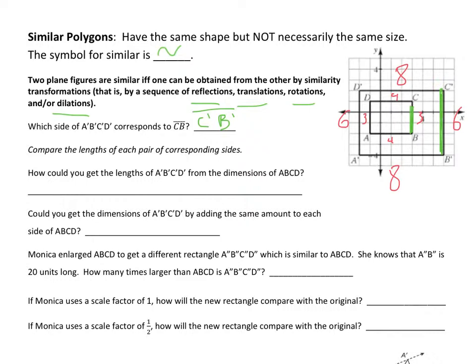We would multiply by 2. Could you get the dimensions by adding the same amount? Well, no, because 3 plus 3, which would equal 6, would work. But then if we added 4 plus 3, that would not equal 8. It would equal 7, so that would not be correct.